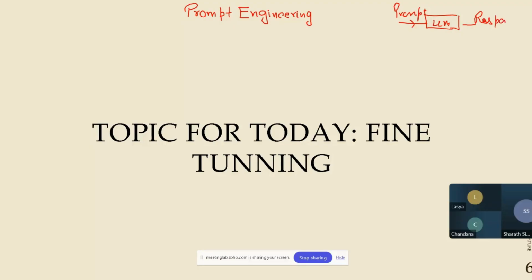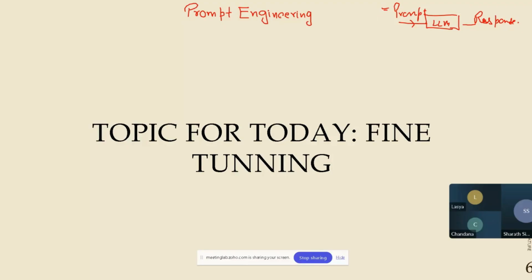Now, to improve the quality of the prompt, because you have seen that the LLM generates the response based on the quality of the prompt and the instruction that we are passing. If my instruction itself is ambiguous or confusing, we can get a confused output from the LLM side.